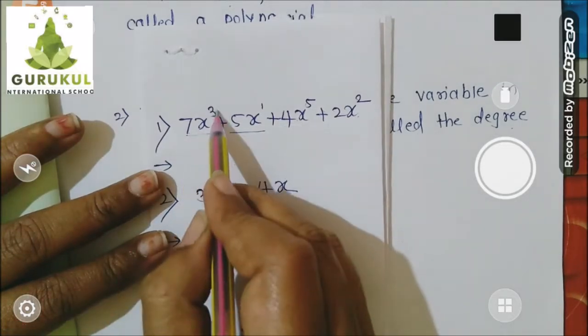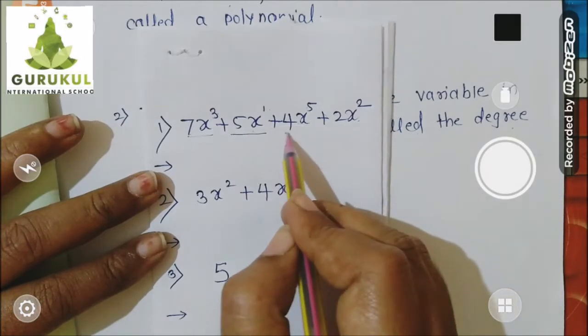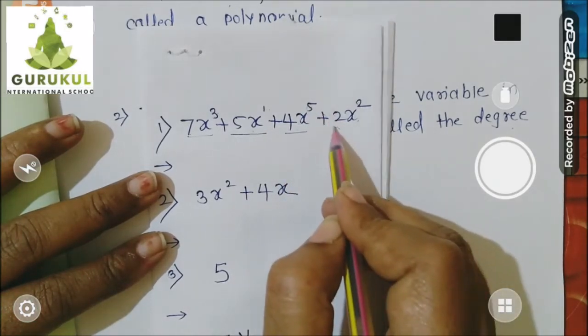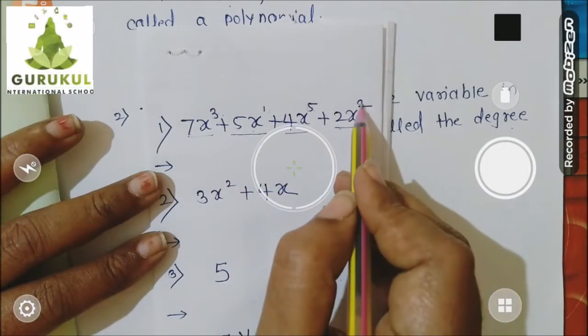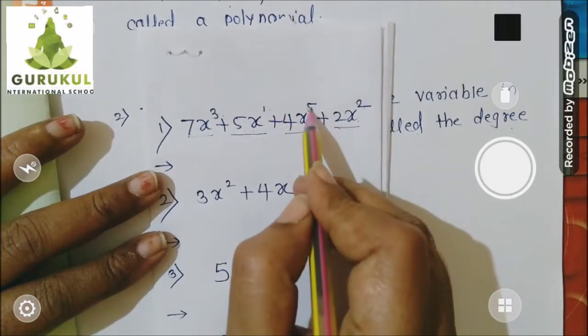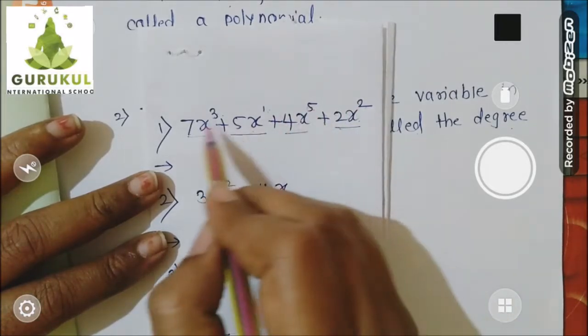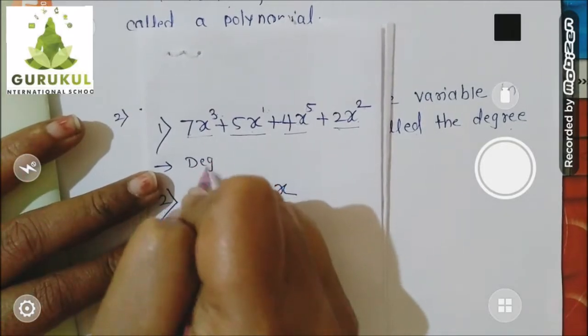So first term index is 3, second term index is 1, third term index is 5 and fourth term index is 2. Now 3, 1, 5 and 2. Among these indices, which is the highest index? 5. And that's why the degree of this polynomial is 5.